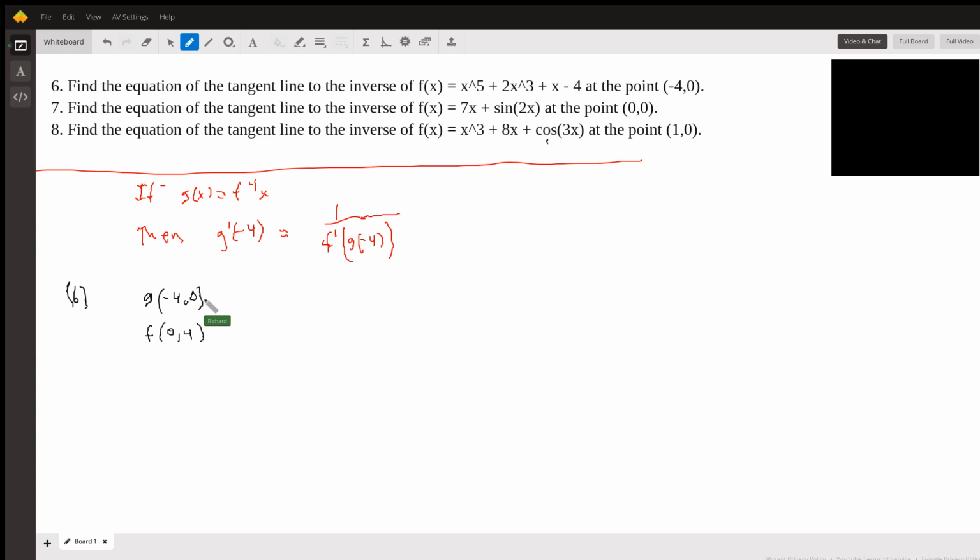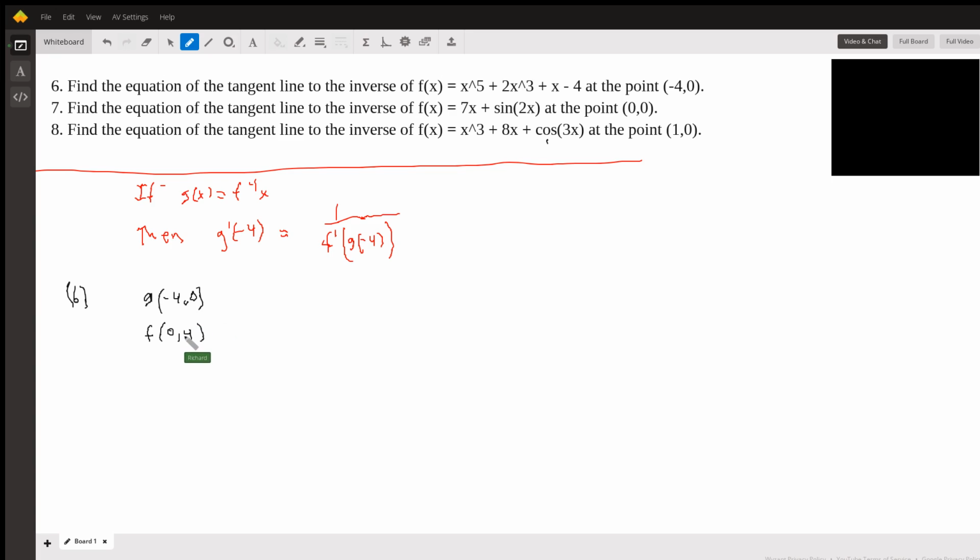And you might remember this goes back to algebra 2, so you have to remember that the graph of the inverse can be obtained by just swapping the x and y, just flipping them. Another fancier way of saying that is the graph of the inverse is the reflection of f over the line y equals x.